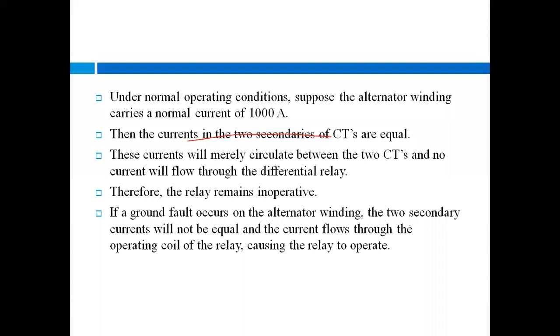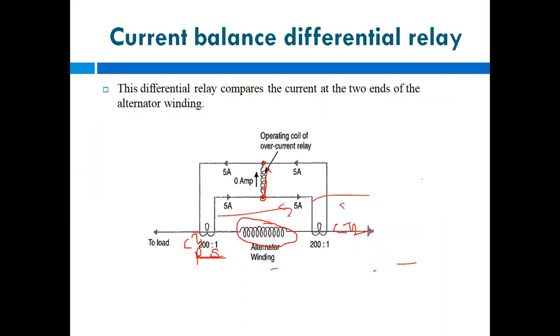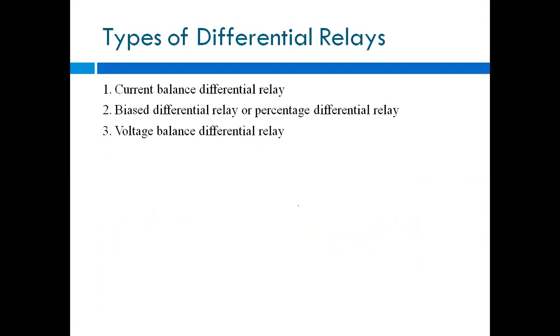Here it is given that under normal operating conditions, suppose the alternator winding carries a normal current of 1000 ampere. This is its normal current carrying capacity.